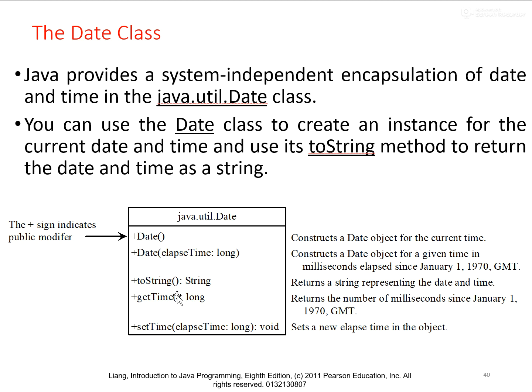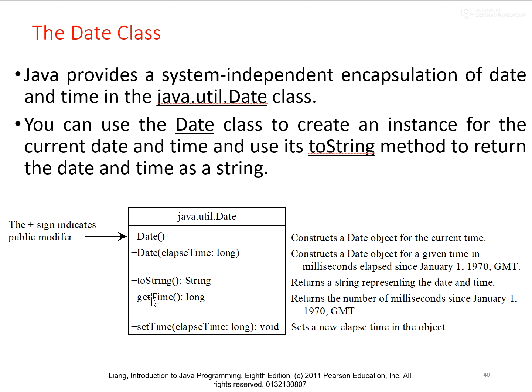This is also called Unix time, and time zero for computers, measured in milliseconds, is the date mentioned on the slide, January 1st, 1970, Greenwich Mean Time. So midnight, January 1st, 1970, is considered time zero for computers.